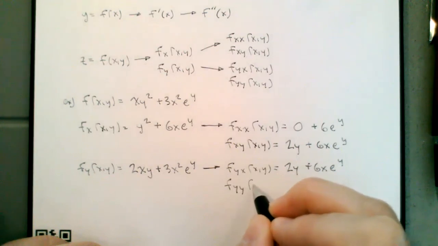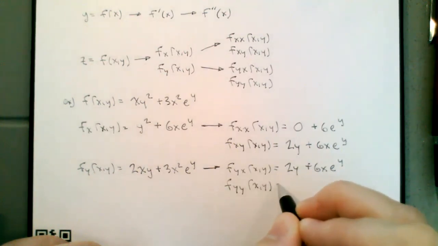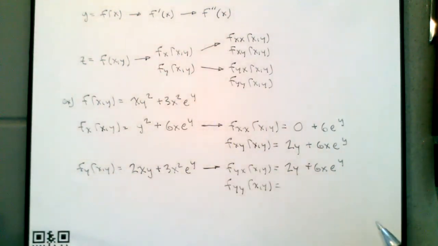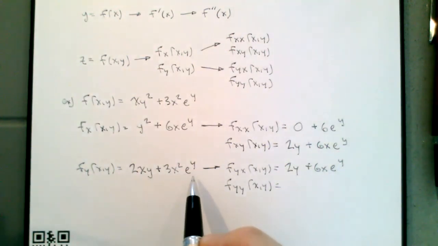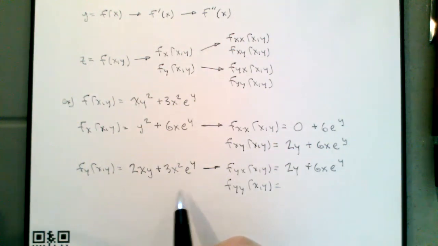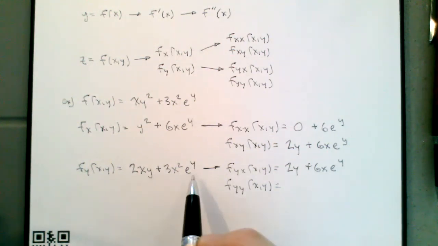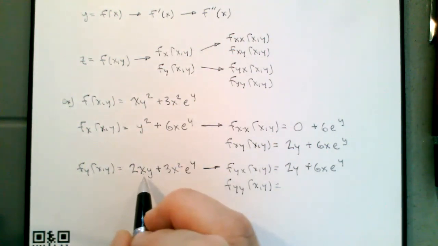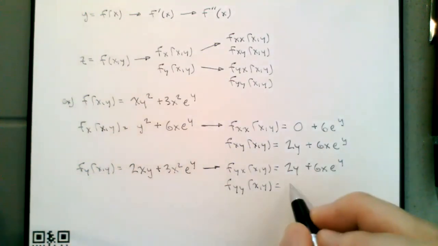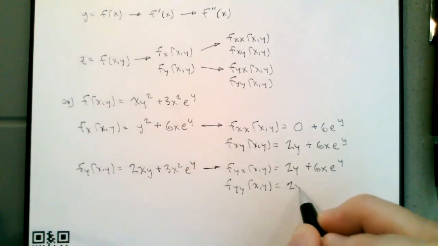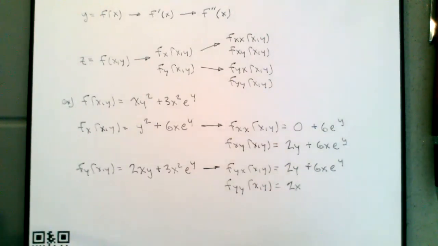Well, let's find our fourth second partial. Now I'm going to take the derivative of 2xy plus 3x squared e to the y with respect to y again. So y is once again the variable. X is a constant factor. The derivative of y with respect to y is 1. So I just get the constant factor 2x. 3x squared is a constant factor.